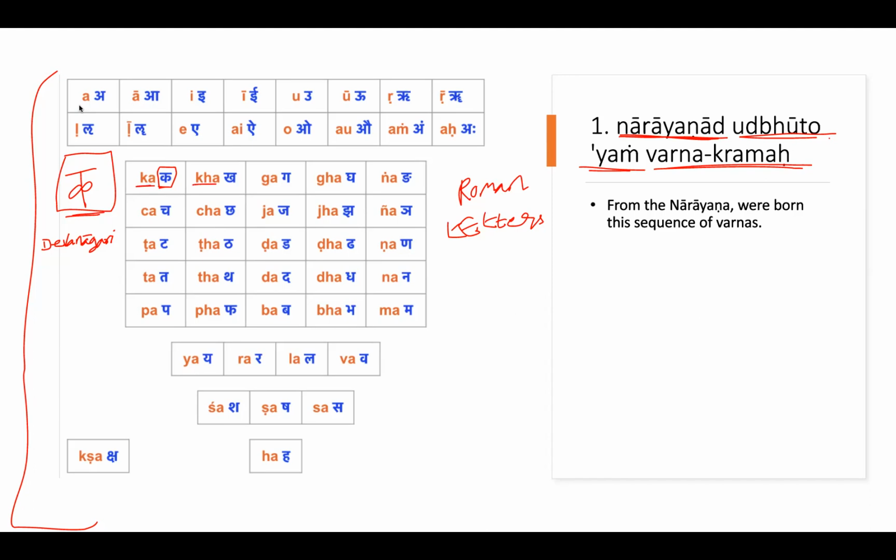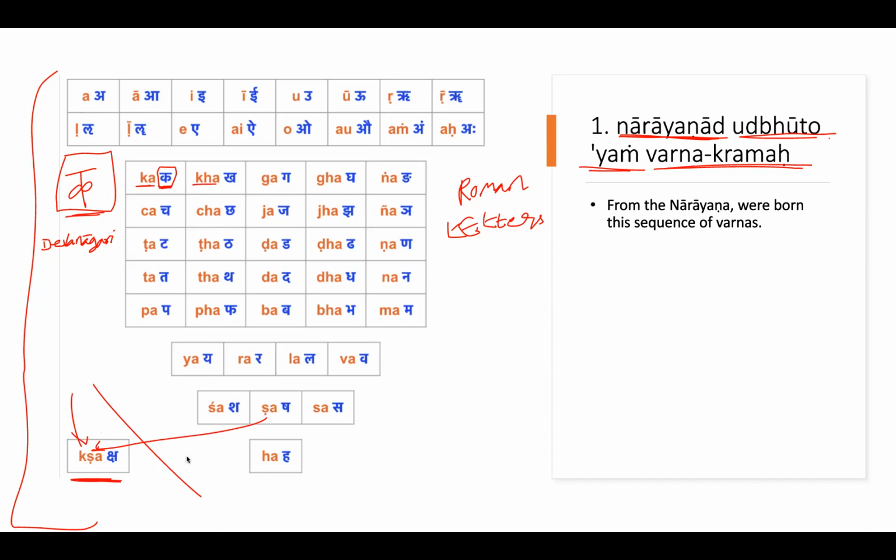So I'm going to pronounce this. There are around 50 letters. Actually speaking, this is a combination of two letters. This is Ka, this consonant Ka, and then you have Sha here. This is a combination of two letters, but Jiva Gosvami has added this also, as part of the whole series of letters.